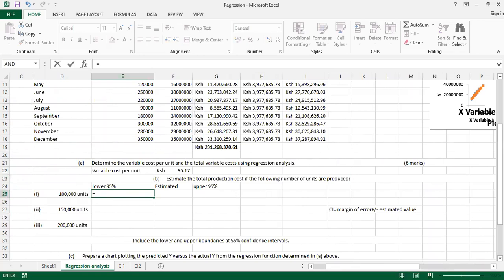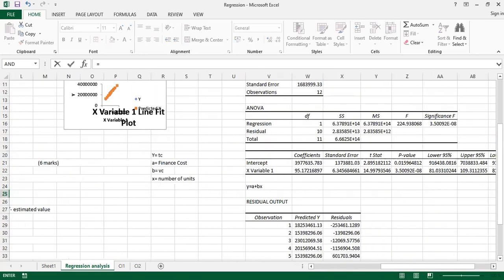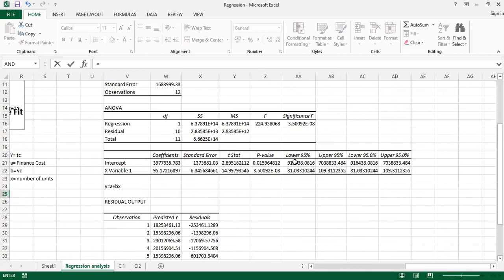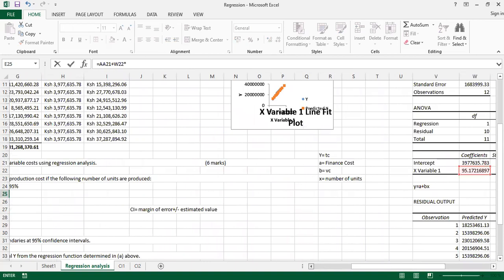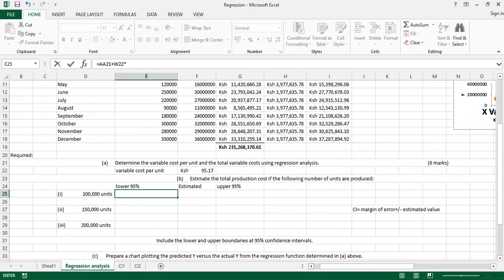So our A here for the lower 95 is this one, shift plus B times the 100 units. It's the units, so we just write 100.